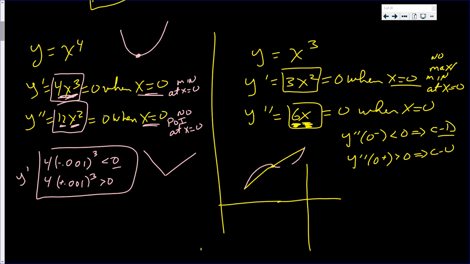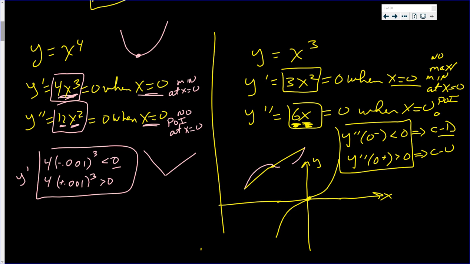If that's the y-axis and the x-axis, to the right of 0 is concave up, and to the left it's concave down. So since the second derivative did change at 0, you have a point of inflection at x equals 0.